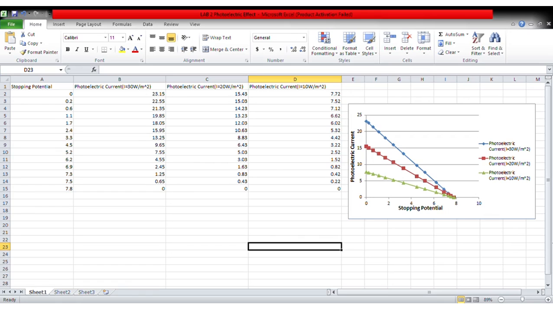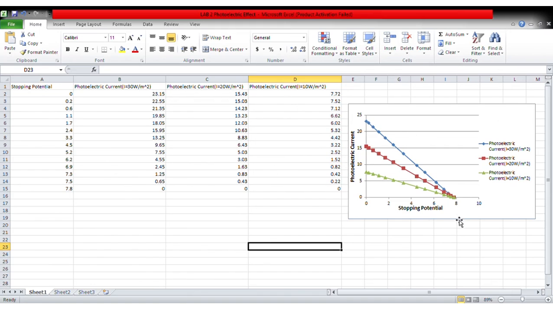Let's see the graph which we have plotted for three intensities. Here we have plotted the graph between photocurrent and stopping potential for three intensities: 10 watt per meter square, 20 watt per meter square and 30 watt per meter square. These are the values for stopping potential and these are the values for photoelectric current for their respective intensities.